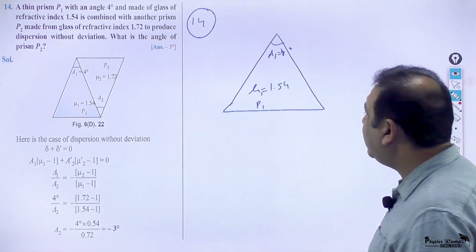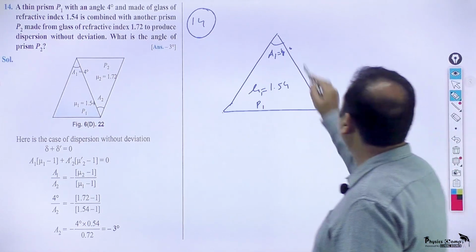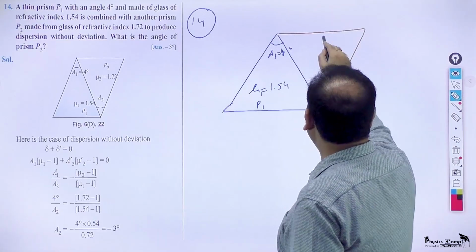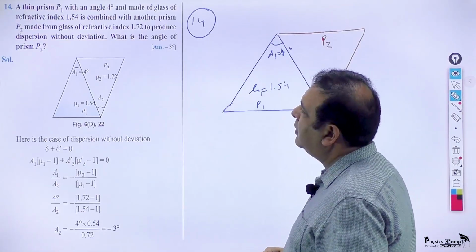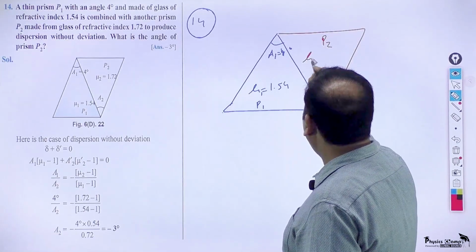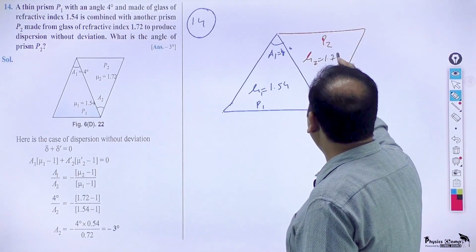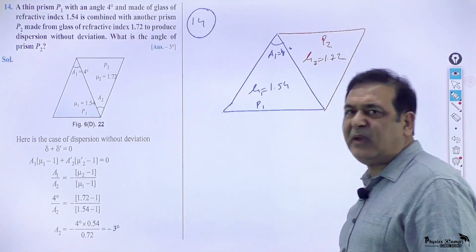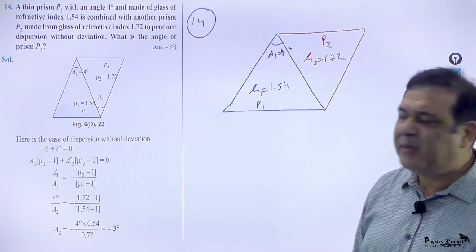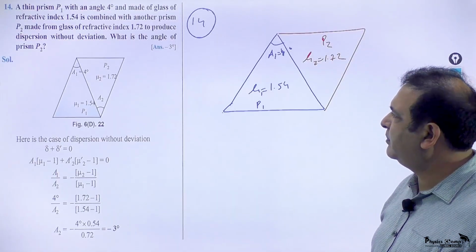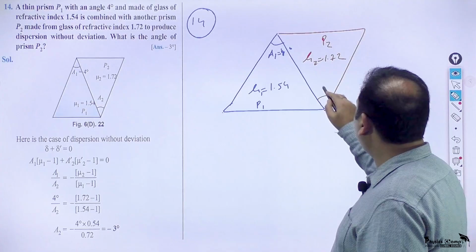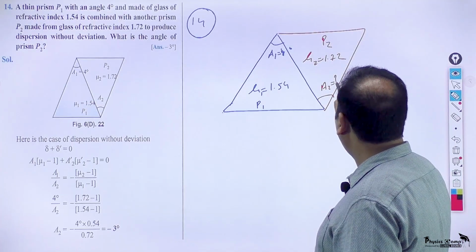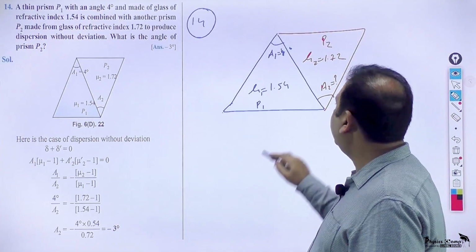It is combined with another prism P2, and it has a refractive index 1.72. So you can say the first one appears to be a crown glass and the second one appears to be a flint glass.